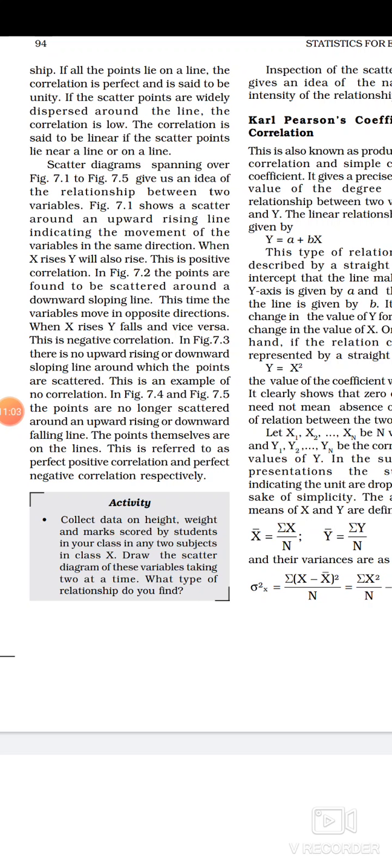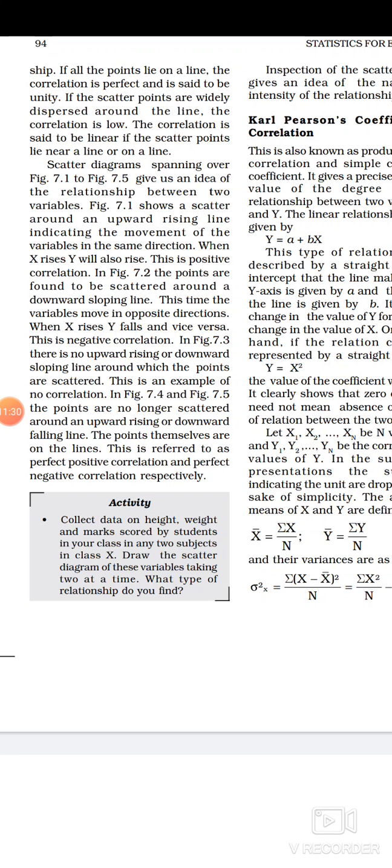This time the variables move in opposite directions. When x rises, y falls, and vice versa. This is negative correlation. In figure 7.3, there is no upward rising or downward sloping line around which the points are scattered. This is an example of no correlation.